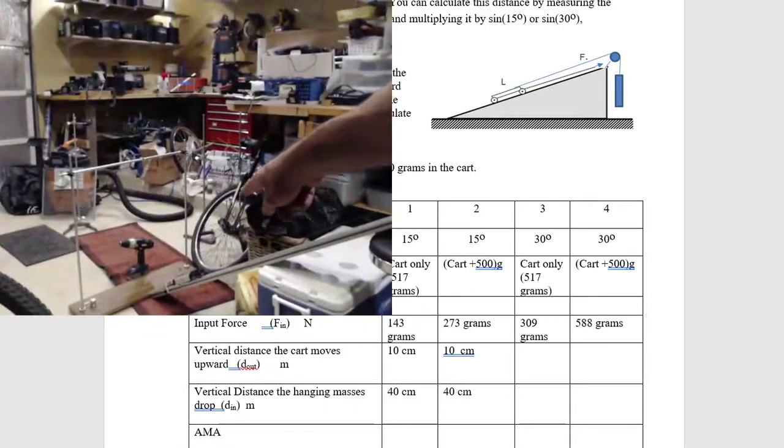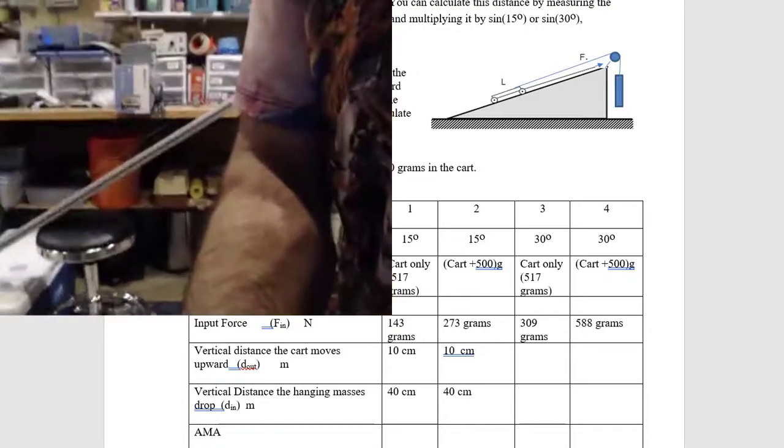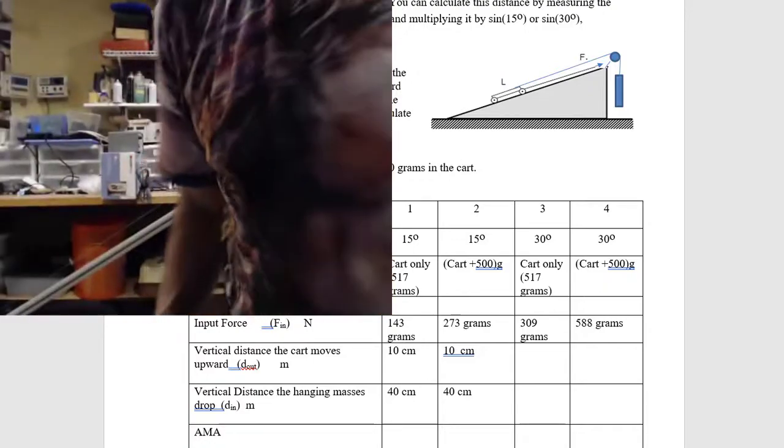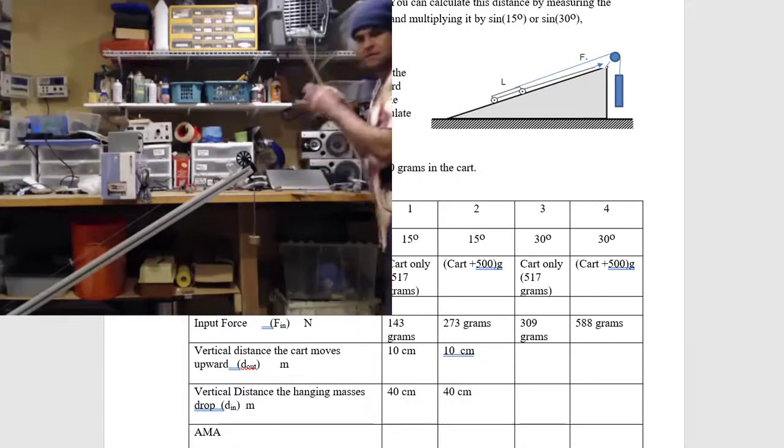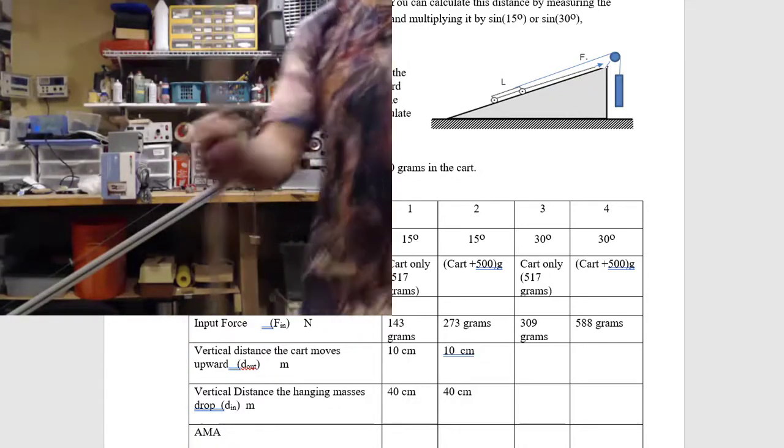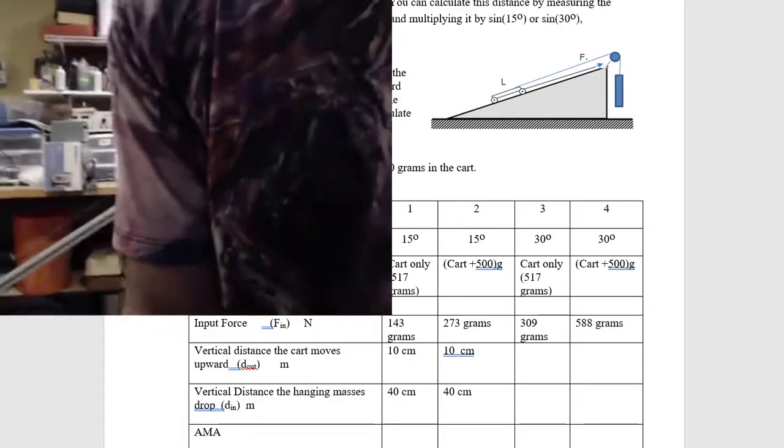How much does the cart change height when this changes by whatever height I'm going to measure right now? So let me show you. Back to this. Make sure you can see me.